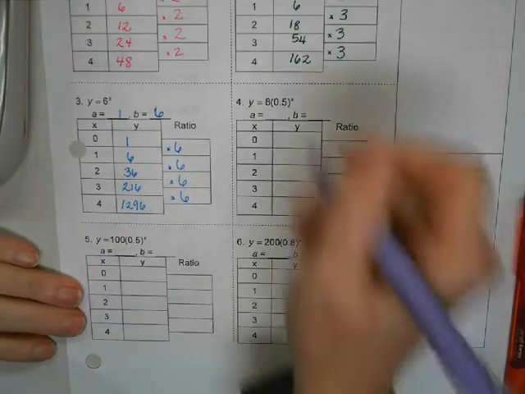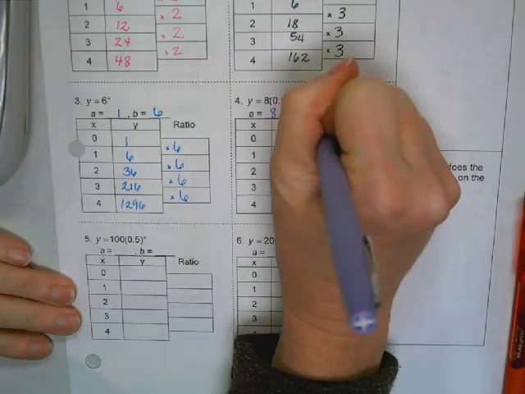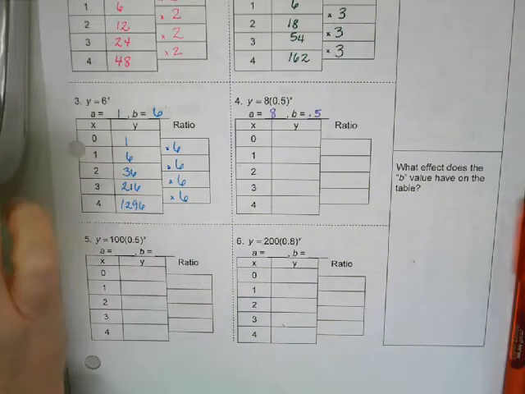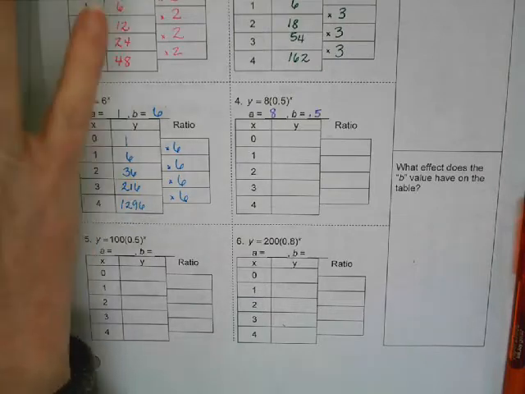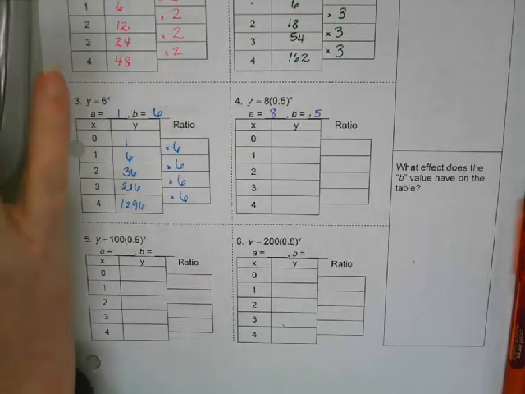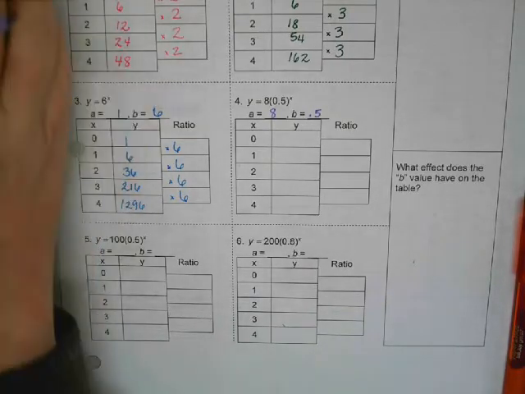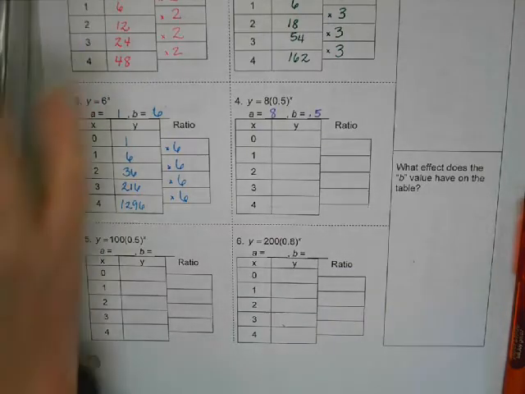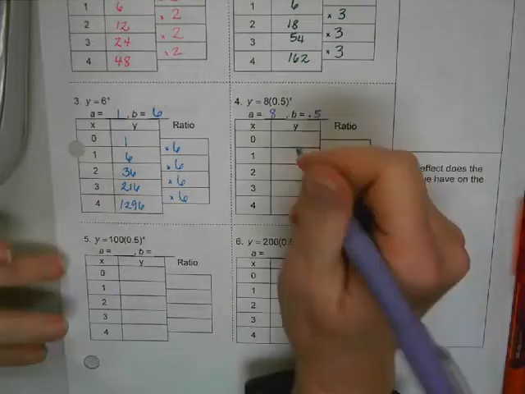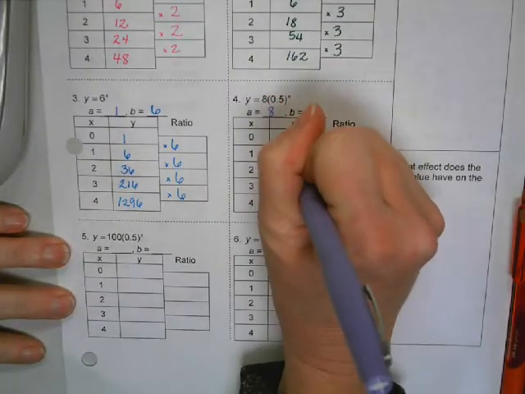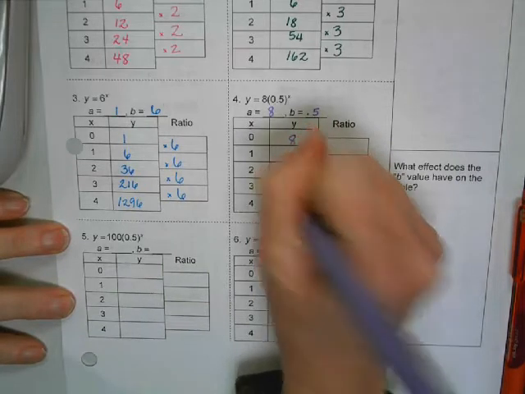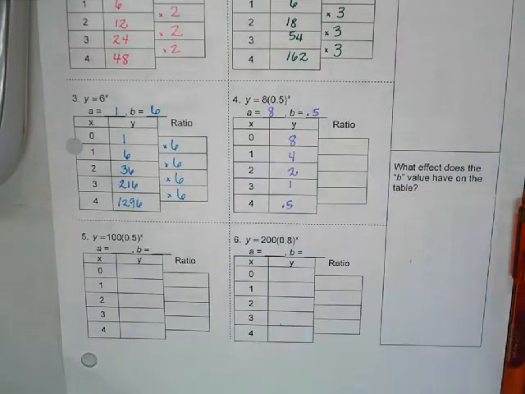On 4, our a value is 8, and our b value is 0.5. Okay, so this time as I'm moving down the table, 8 to 4 to 2 to 1, what are you multiplying by? 0.5.